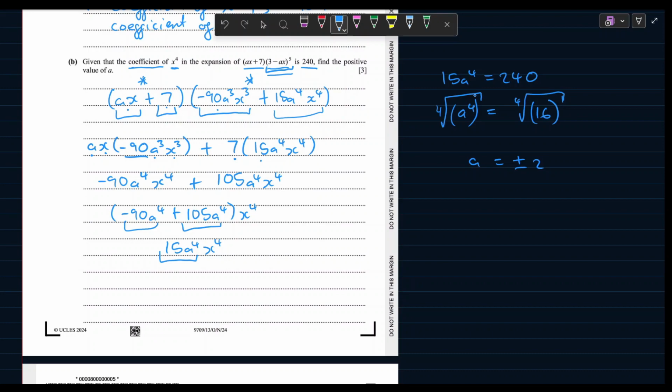What I want to emphasize is that when you take an even root, so when you take a square root, your solutions are going to be plus or minus. When you take the fourth root, your solutions are also going to be plus or minus. It's just that in this case, we can then go ahead and discard negative 2 because they said find the positive value of a. So we would therefore conclude that a is equal to 2.